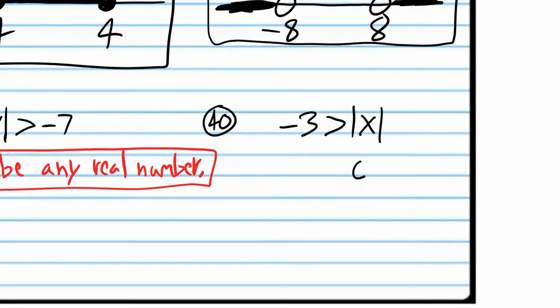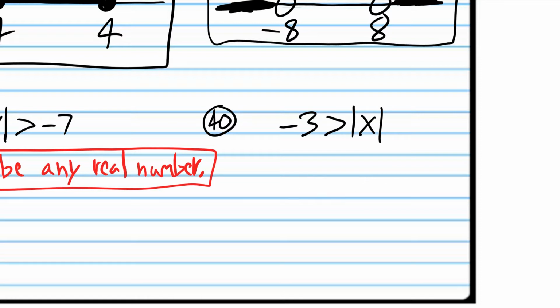So let's try plugging in 0. Absolute value of 0 is 0. Is -3 greater than 0? It's not. So what you'll find is there's no number that we can plug in here that makes it work. It's impossible for the absolute value of a number to be less than a negative number, because this is always positive. It's always positive or 0. The smallest we can make this is 0, but even that is not less than -3.